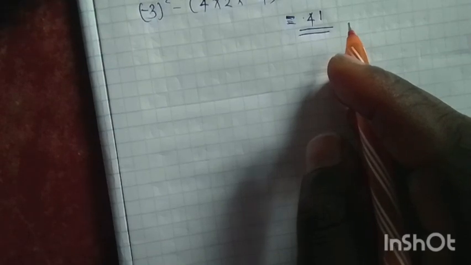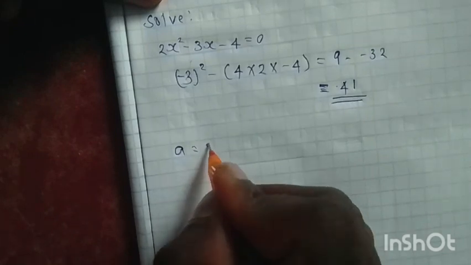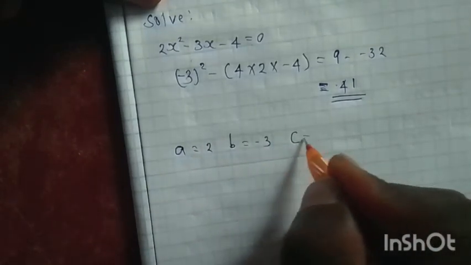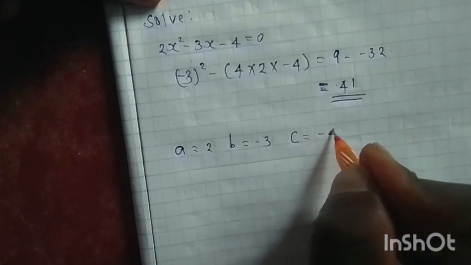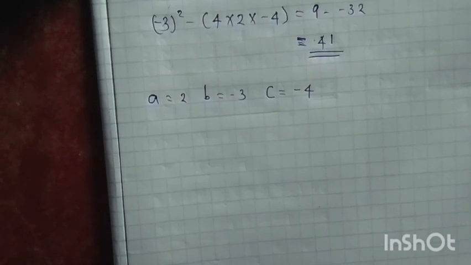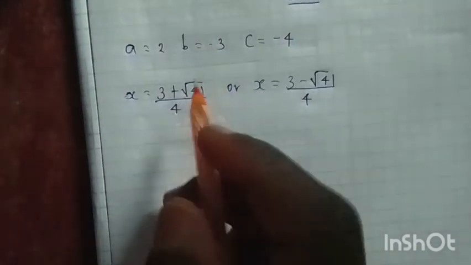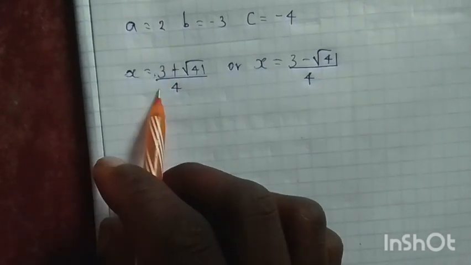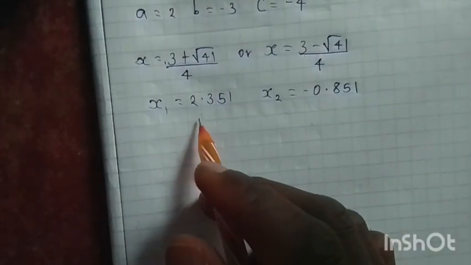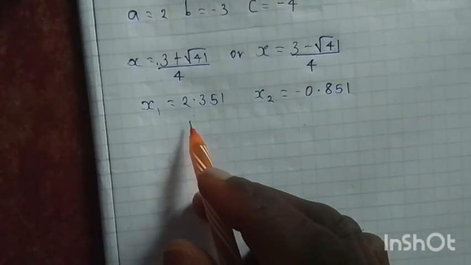In this equation, our A is 2, our B is negative 3, and our C is negative 4. By substituting these values in the quadratic formula, we are going to have two values of x. Either x is this or x is this. Those are the values of x. So that is the method of the quadratic formula.